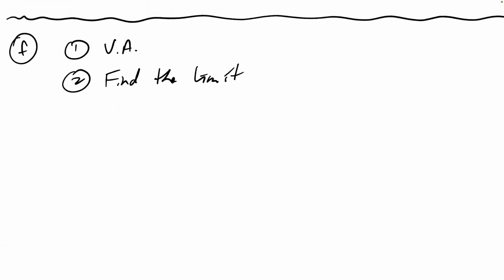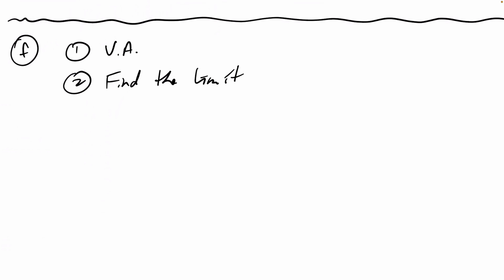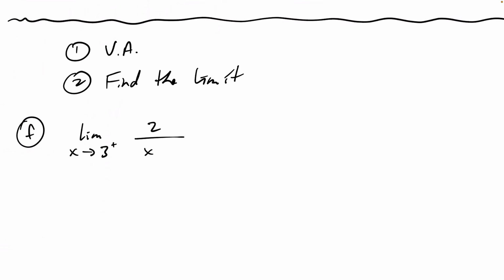Okay, let's see. Let's see here. First one. The limit as x approaches 3 from the right of 2 over (x minus 3) squared.